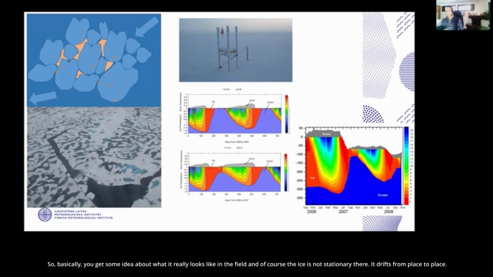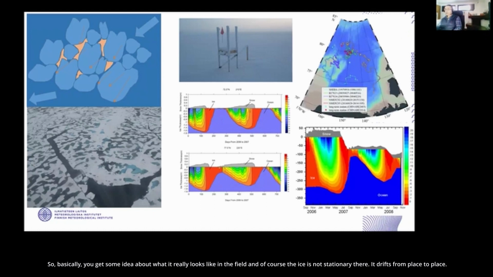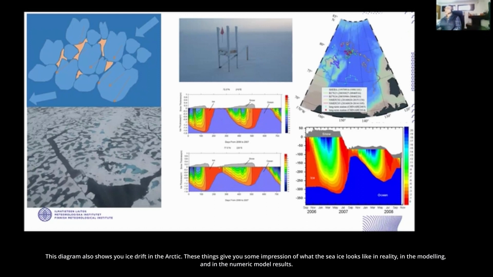So basically, you get some idea about what it really looks like in the field. And of course, as I said earlier, the ice is not stationary. It drifts from place to place. This diagram also shows you the ice drift in the Arctic. These things give you some impression of what the sea ice looks like in reality, in the modeling, and in the numerical model results.